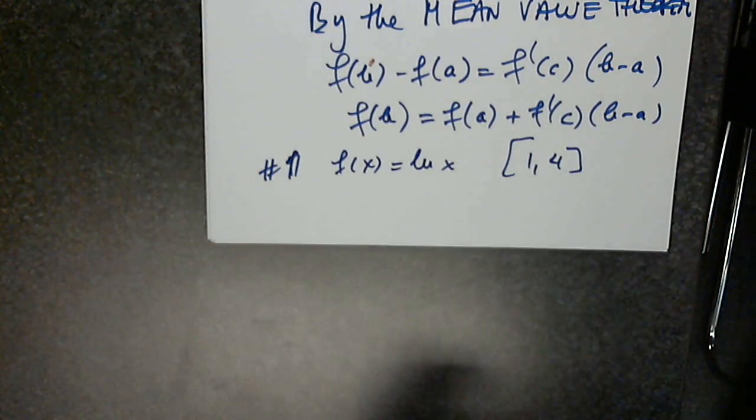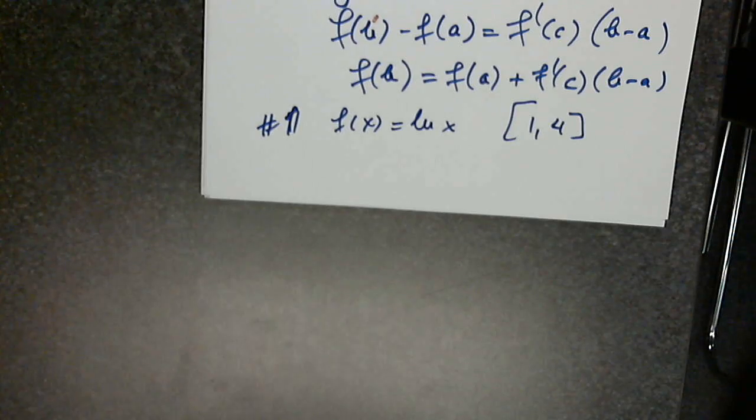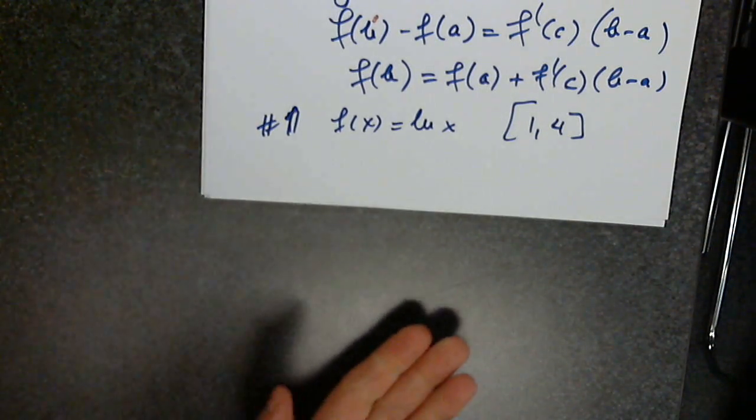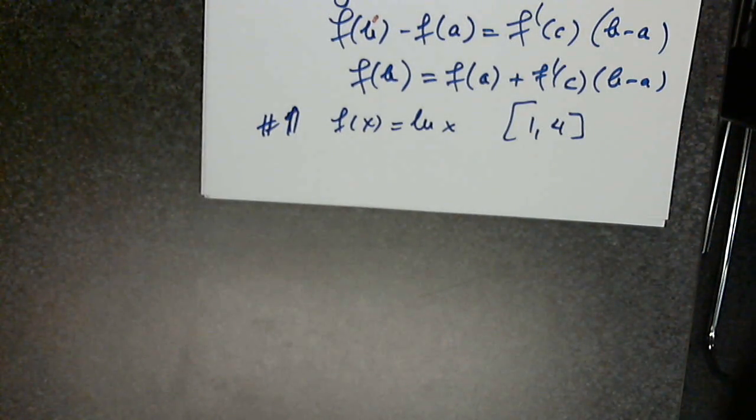So we are given an interval, and we are basically told, show that there is a c in the interval 1, 4, whose derivative is the same as the average rate of change of the function between 1 and 4. That's basically what it says.